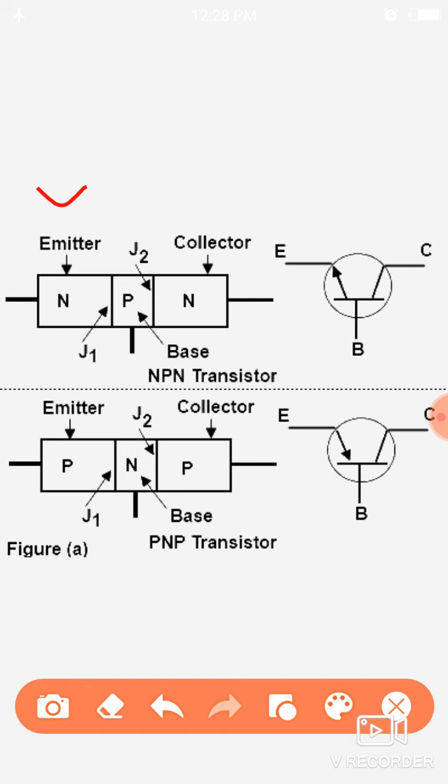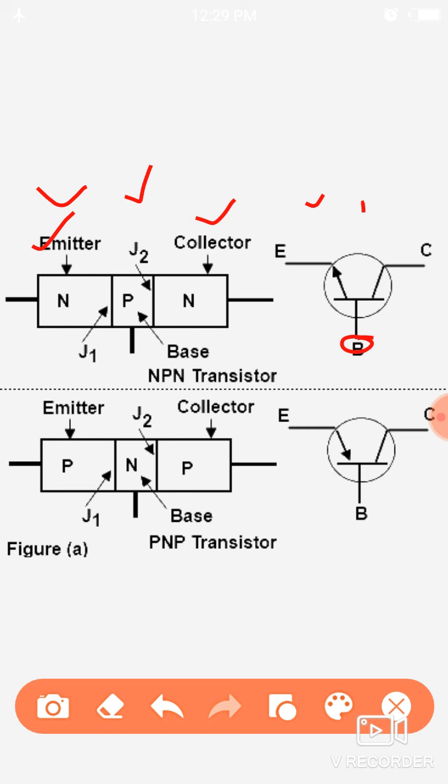In symbol form, the emitter is always shown by an arrow, and the base is structured at the center between E and C, and the collector is on the other side. Emitter and collector are made of the same material. On the other hand, the base is the opposite of them.